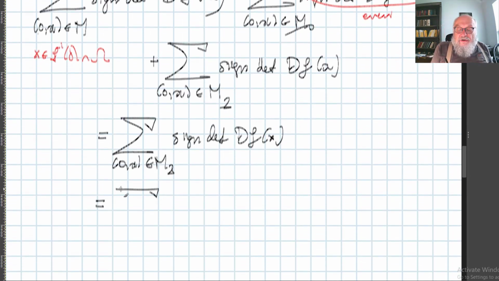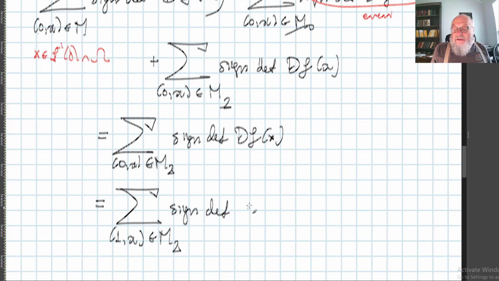So basically I can rewrite it, this connection gives us the following. For each of them I can rewrite them like that, and this signum determinant df becomes now the determinant of g. Yes, because that's exactly the determinant on the other side.